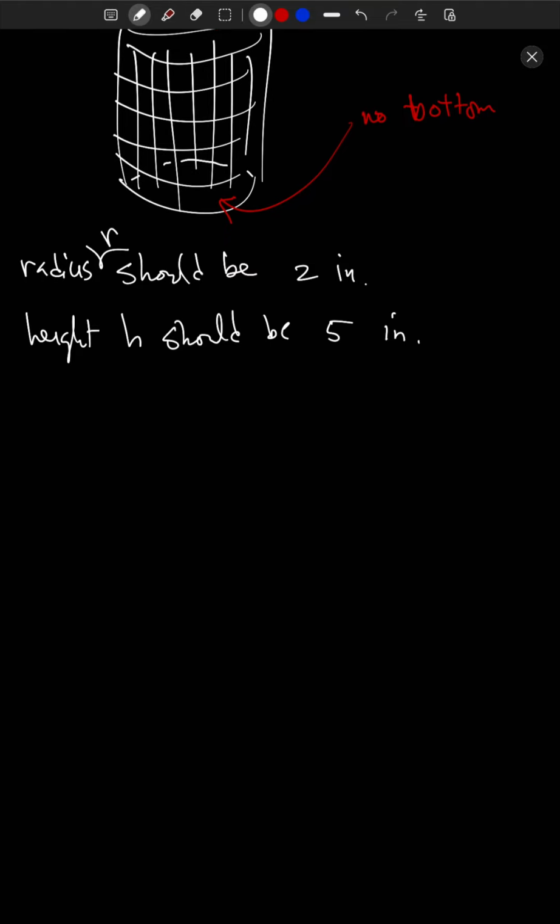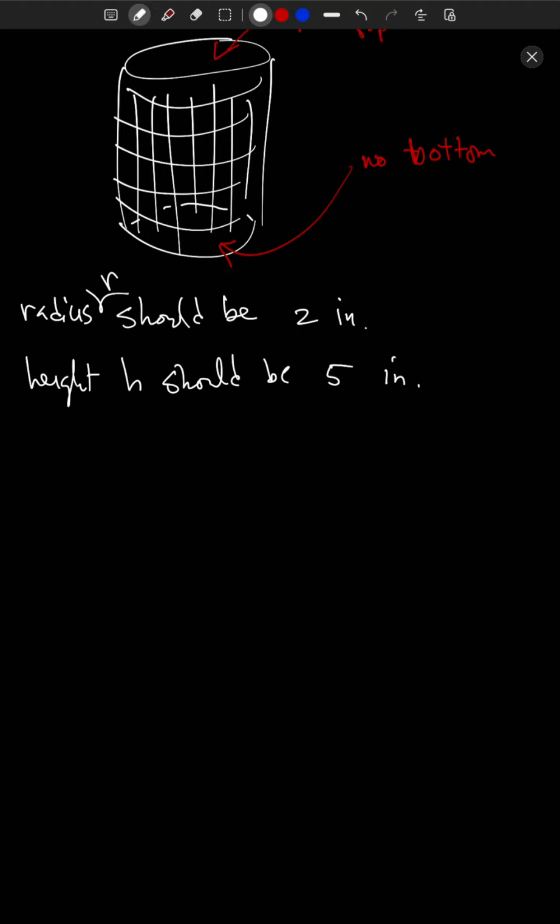If we are going to manufacture this, how much material does it take to manufacture one can? Well, that's going to depend on the surface area of this cylinder. And the surface area of a cylinder is going to be a function of the radius and the height, right? If your radius gets bigger, obviously you're going to need more material. If the height gets taller, you're going to need more material.